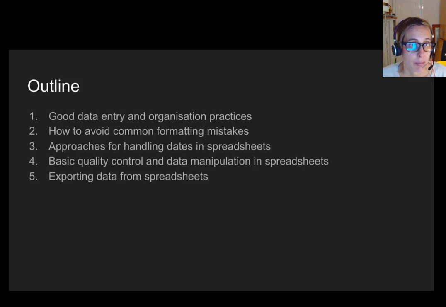After that, some peculiarities of storing and handling data in spreadsheets and how to avoid mistakes. Also, we will look into validating data on input for basic quality assurance in spreadsheets and to limit incorrect data on entry. And finally, we will look into exporting data from spreadsheets in a way that is useful for downstream applications or publications.